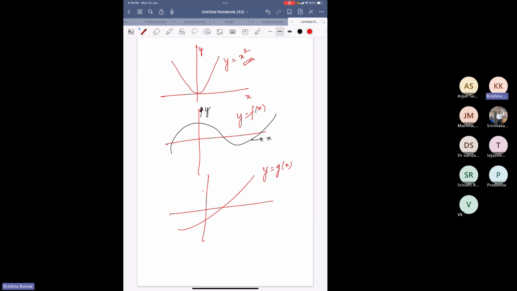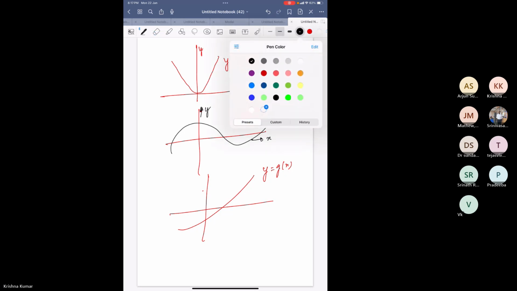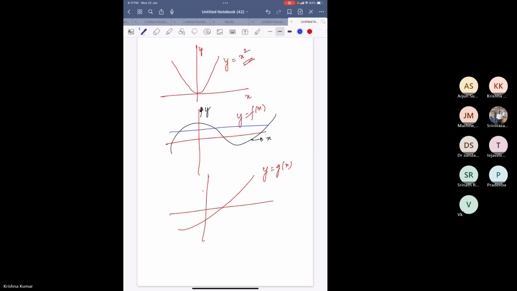Let's understand this. Let's take this graph and draw a straight line. As I told you before, x1, x2, and x3: there are three values of x for which I get the same value of y.